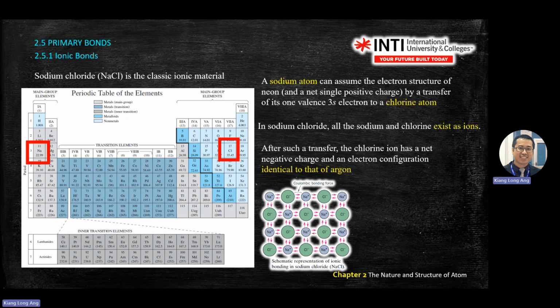We already explained the size of the atoms relative to their charges, right? So here to here, same row, but here the atom is small, and as you move towards the right, the atom becomes bigger. So that's why we have this one, and then Cl becomes the form identical to argon.